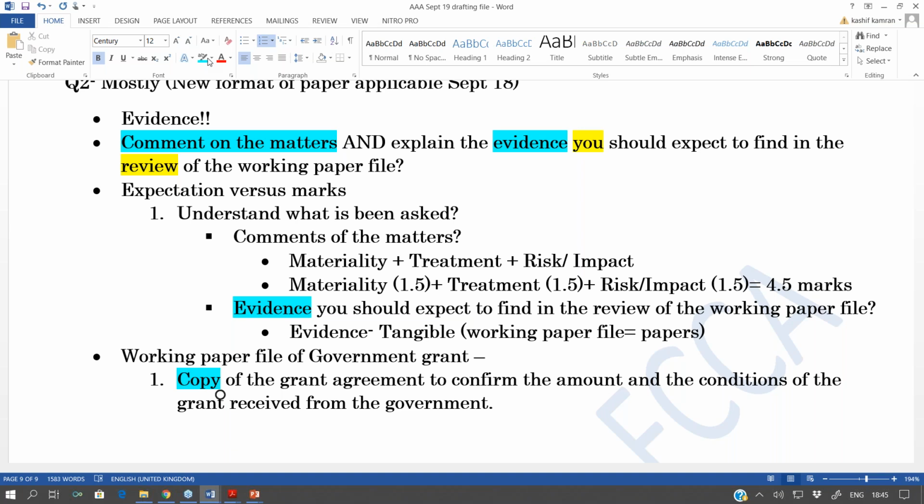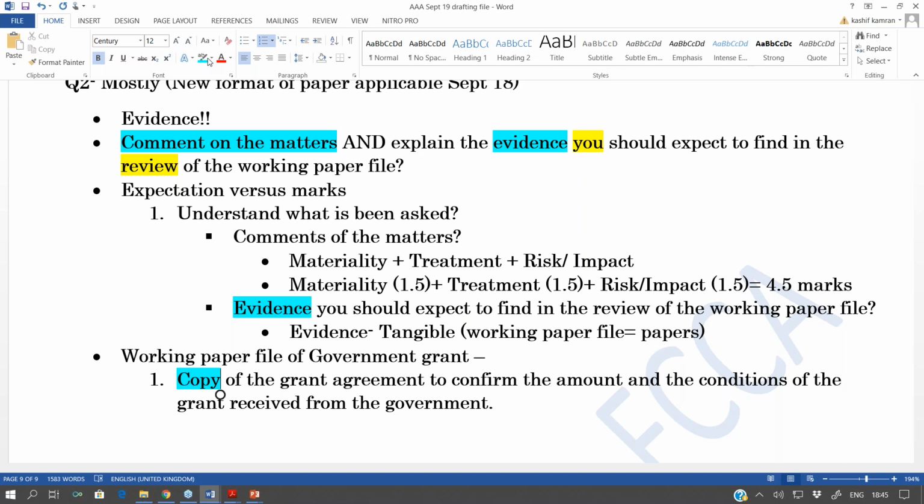Now, do you remember the additional information yesterday? That is what we were obtaining from the management. When we were obtaining it from the management, we were saying grant agreement. But when we are saying the working paper file, we are saying copy of the grant agreement.